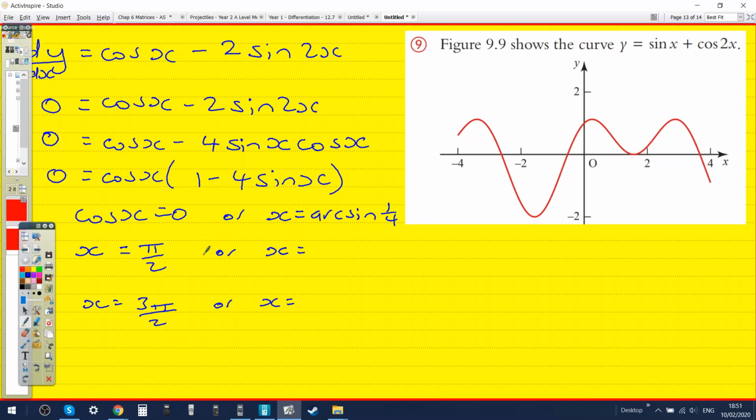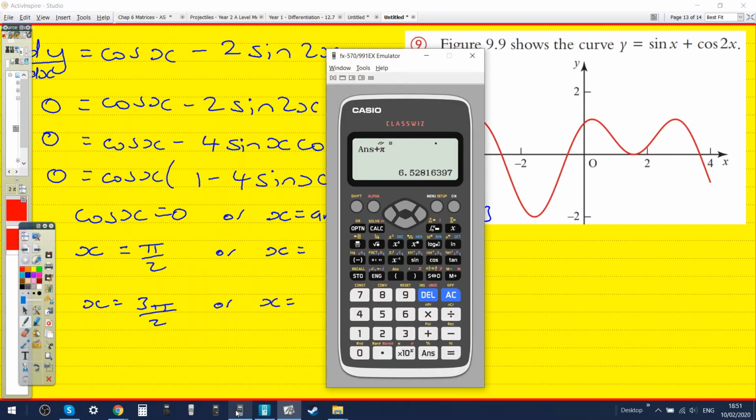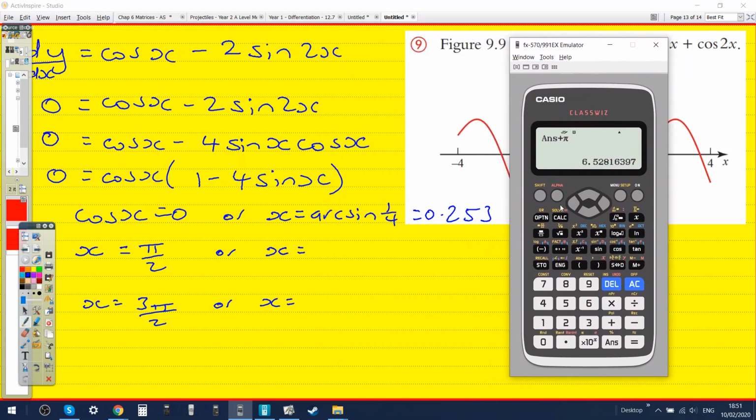And the other possibility was cos x equals 0. Yeah, I just written that and deleted. Is it just like pi over 2 and then 3 pi over 2?